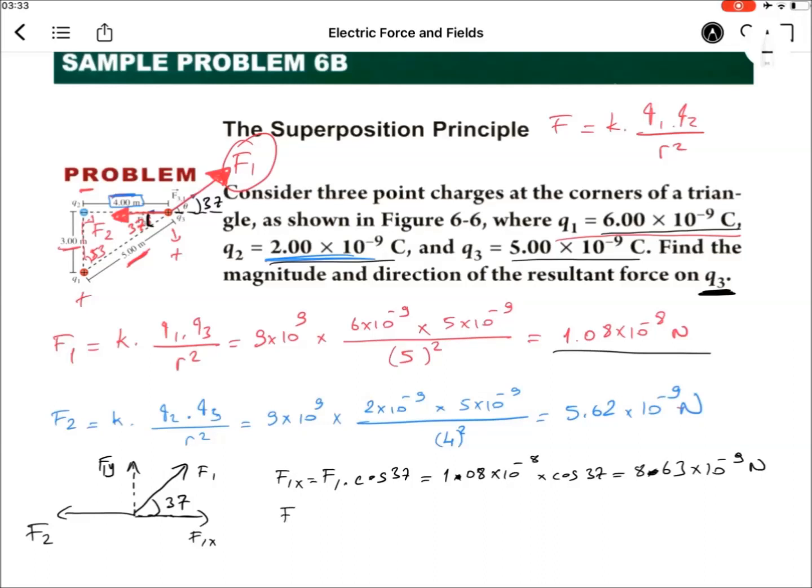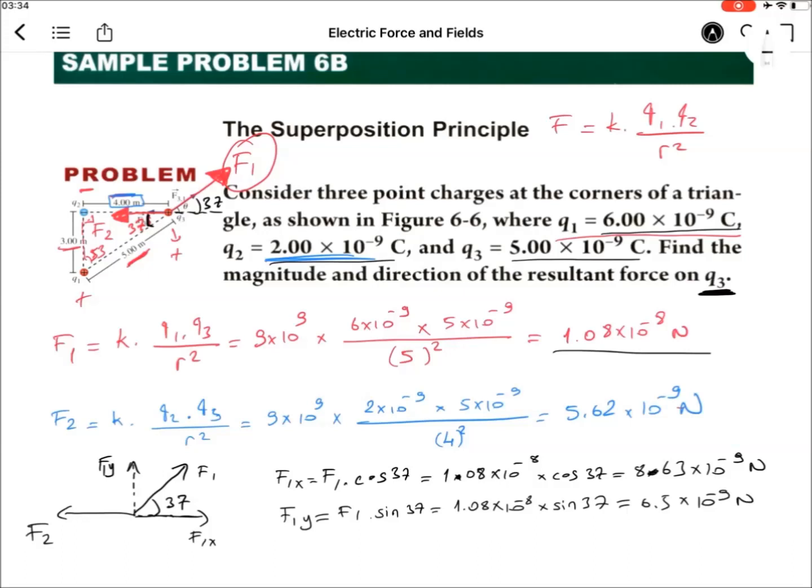F1y is F1 times sine 37, so 1.08 times 10 to negative 8 times sine 37. That will be 6.5 times 10 to negative 9 Newton.